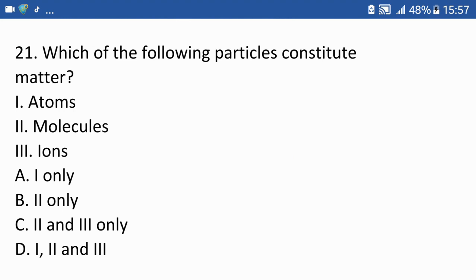Twenty-one, which of the following particles constitute matter? So you have atoms, molecules, and ions.